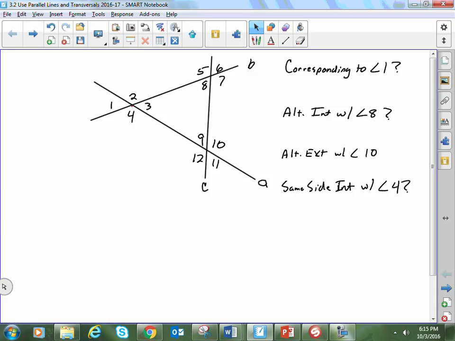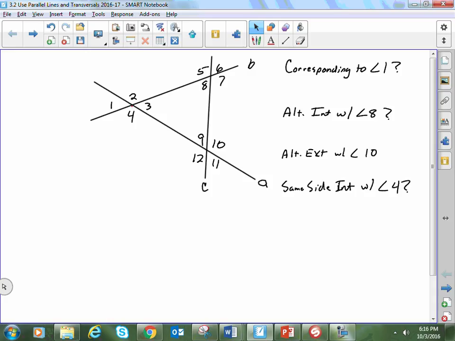The third one, I'm asking you to identify alternate exterior angles with angle 10. And in the last question, any same side or consecutive interior angles to angle 4. So copy the diagram down and answer these four questions in your notes. And when you're done, come back, push play, and see how you did.